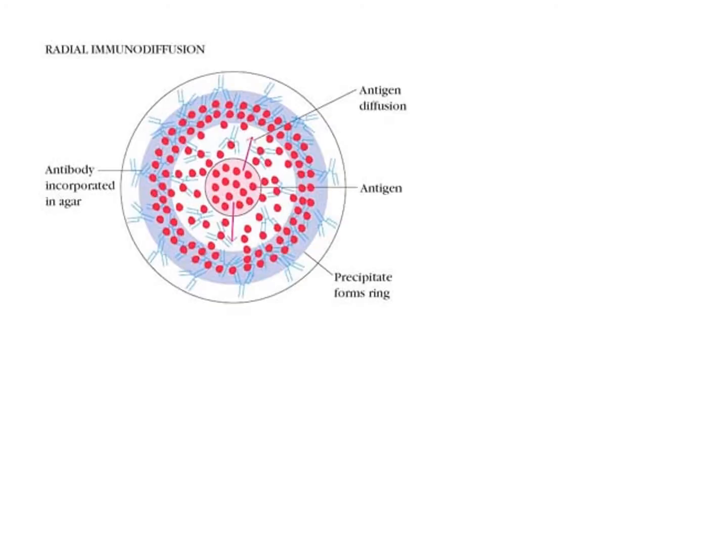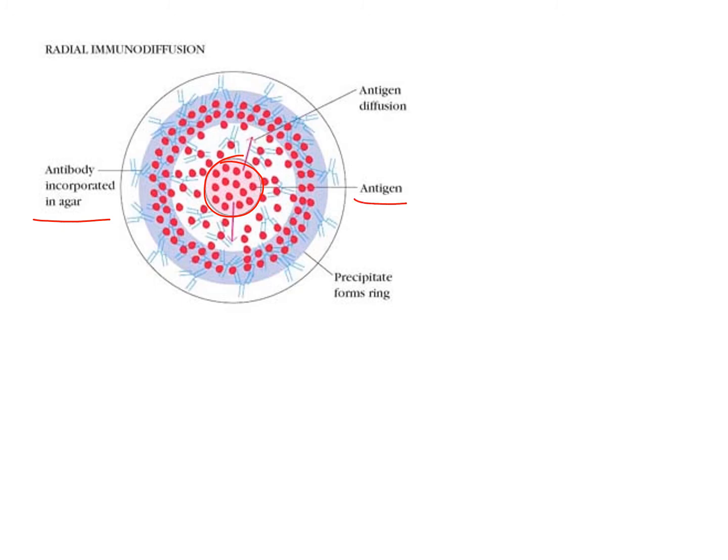Precipitation reactions can also occur in solids, in agar, and in this case you can incorporate the antibody into the agar. So the antibody is found in the agar, and then you drop a drop of the patient's sample onto the agar, and the patient's sample may have the antigen.